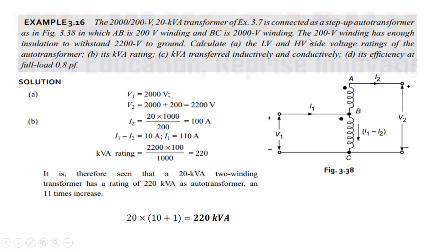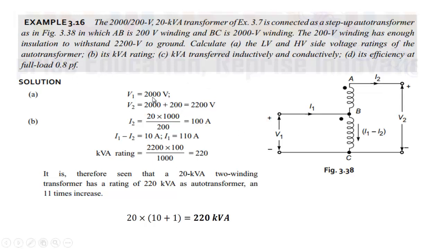The 200 volt winding has enough insulation to withstand this to the ground. Calculate the low voltage and high voltage rating of the transformer, its kVA rating, kVA transferred inductively and conductively, and its efficiency at full load, that is 0.8 power factor lag.